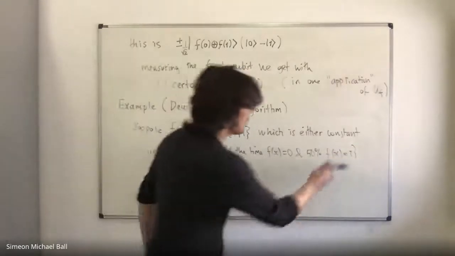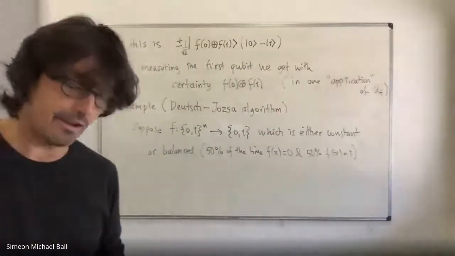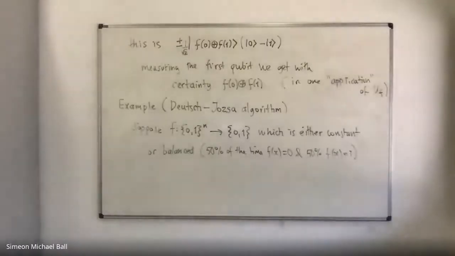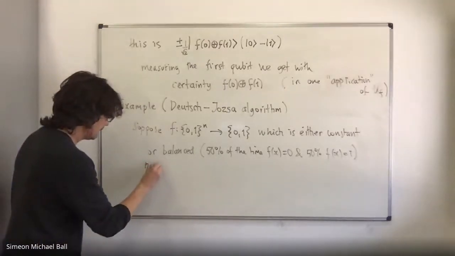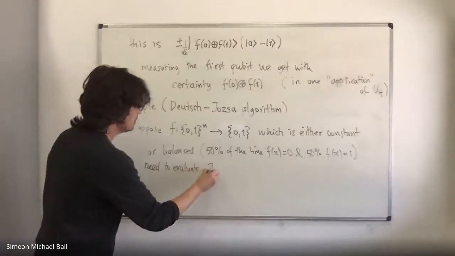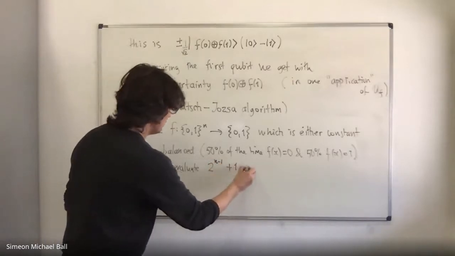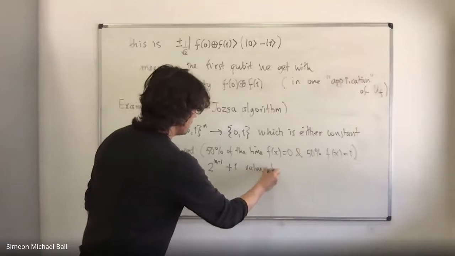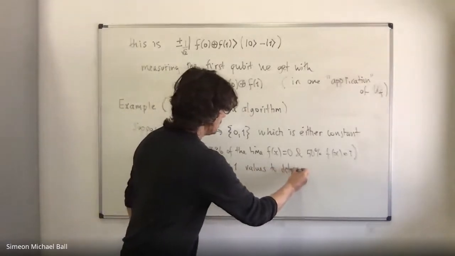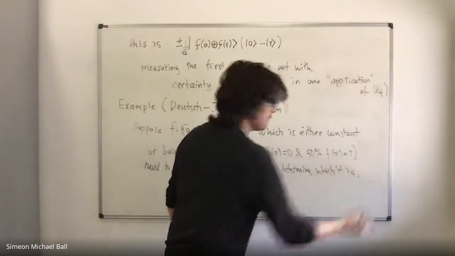Okay. So how many times do you need to evaluate f to decide whether it's constant or balanced? So we need to evaluate 2^(n-1) plus 1 values to determine which it is.